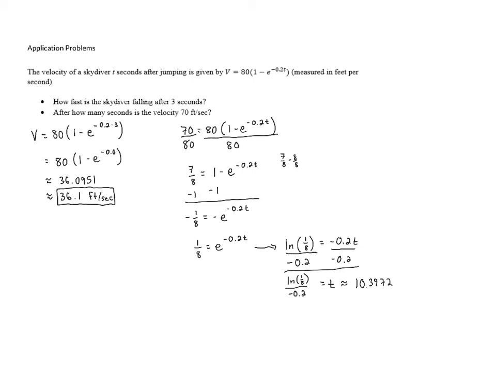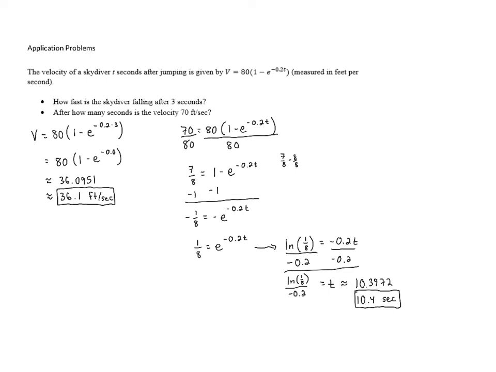And if we round to the nearest tenth, we get about 10.4 seconds, because this is an amount of time. And so after about 10.4 seconds, we will reach a velocity of 70 feet per second.